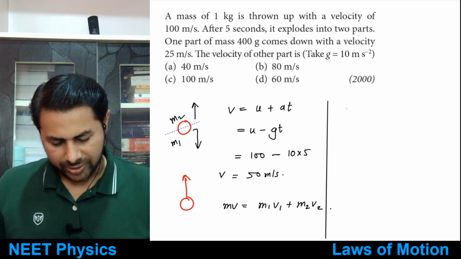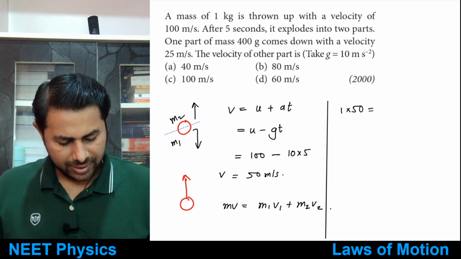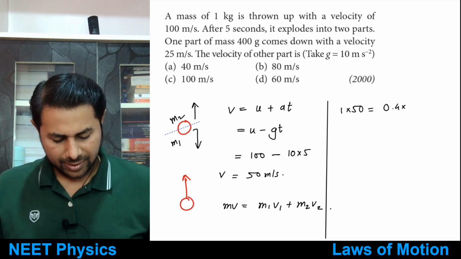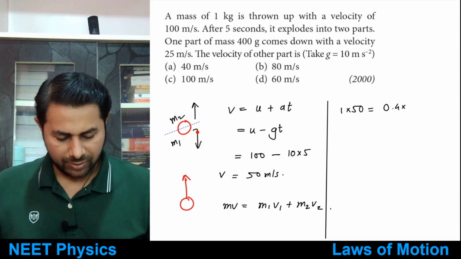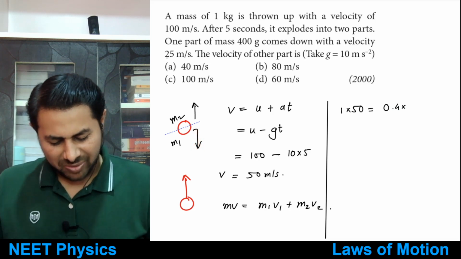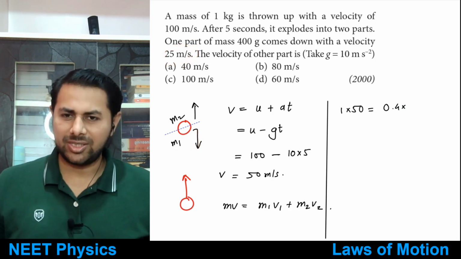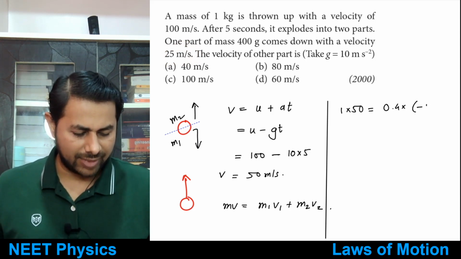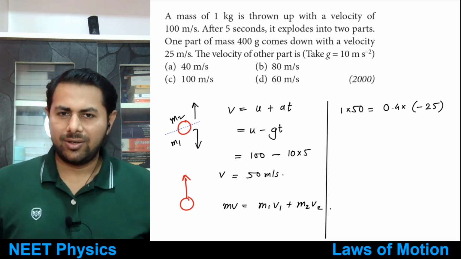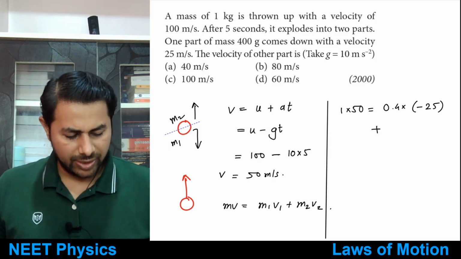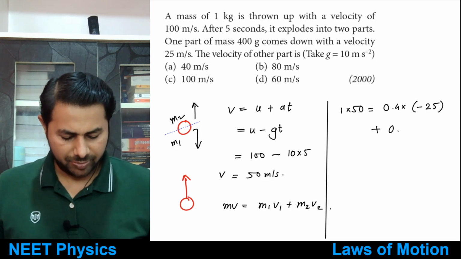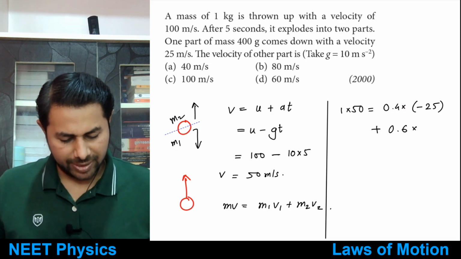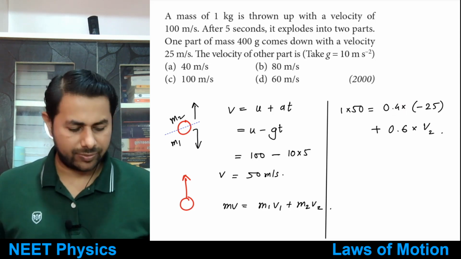Mass times velocity: 1 times 50 is equal to m1 v1, so that's 0.4 multiplied by, now it's moving down, with velocity of 25 meters per second, but it is moving down, so that's why we need to take the negative sign, minus 25 meters per second, right? Plus we'll have the mass of the other part, because mass of the first part is 0.4, mass of the second part would be 0.6, so it's 0.6 multiplied by v2. We need to find v2, right?